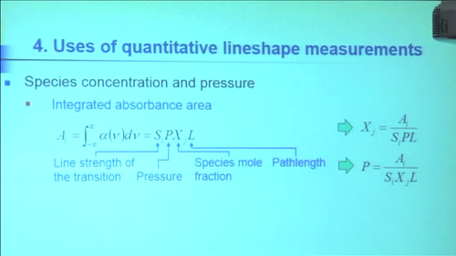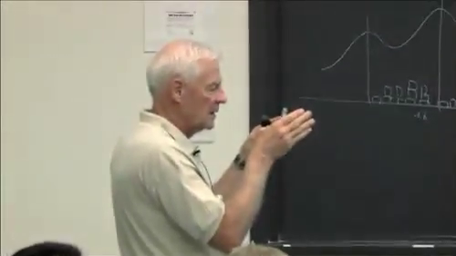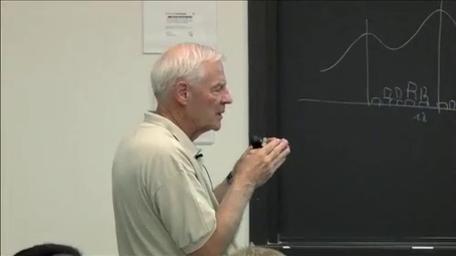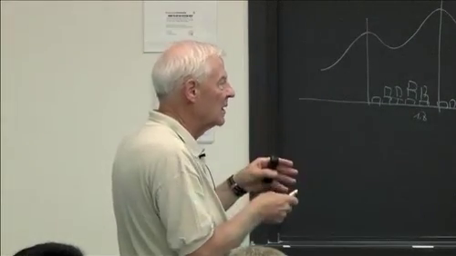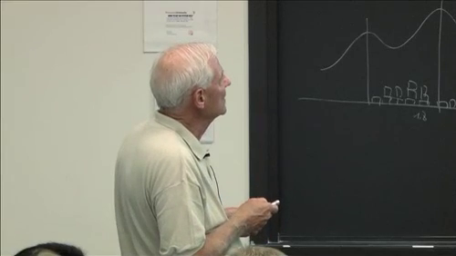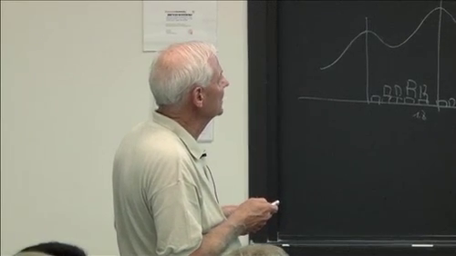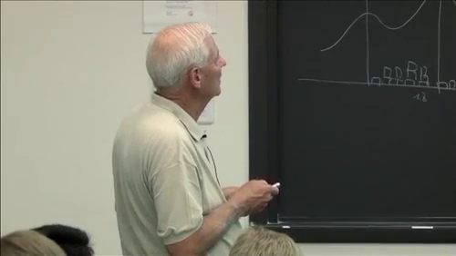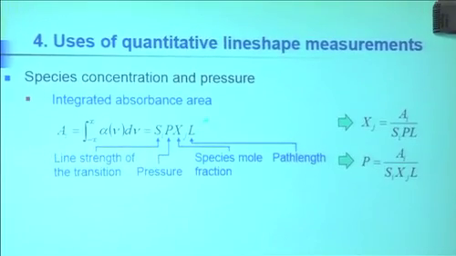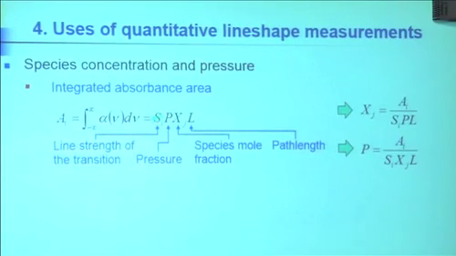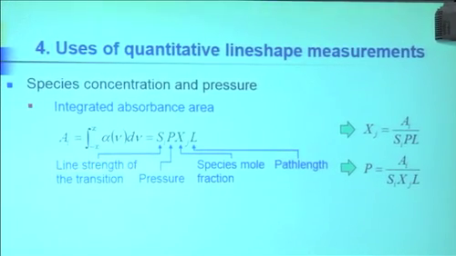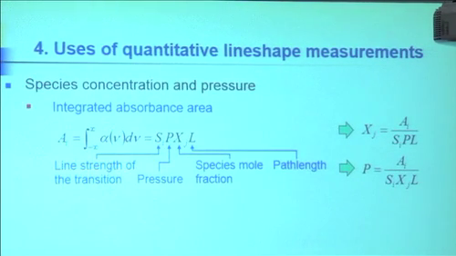We would tune our laser, do an absorption experiment across the line, convert the fractional transmission to absorbance, alpha, plot it versus frequency, integrate the area, and that integrated area is S P chi L. That's the line strength, partial pressure right here, and the path length. So if we measure this, and we know the length, and we know the line strength because we know the temperature, this one depends only on temperature, and we know the pressure, we've just solved for the mole fraction.